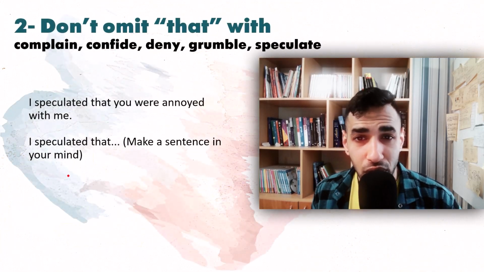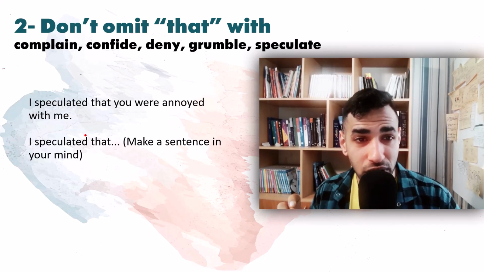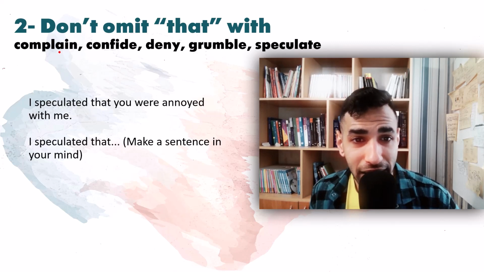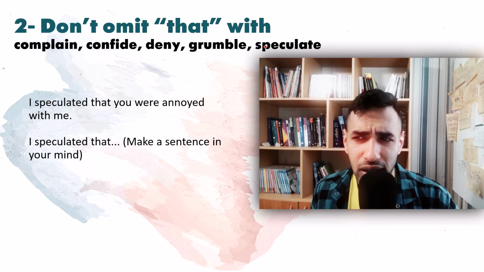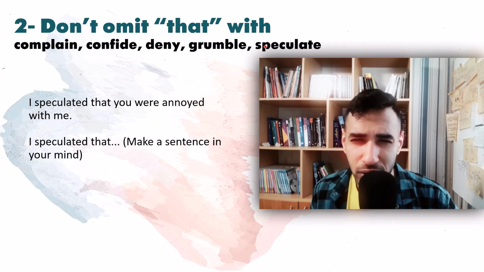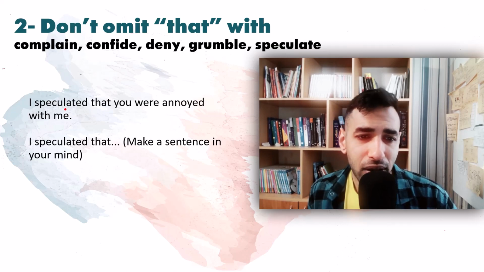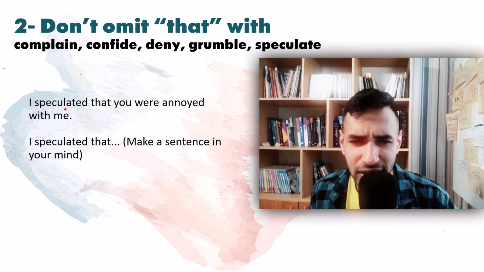Now we don't omit that with these verbs. These are verbs that are less likely to be reporting verbs, for example, complain, confide, deny, grumble, speculate. So it is less likely to leave out that after these not so common reporting verbs. For example, I speculated that you were annoyed with me.